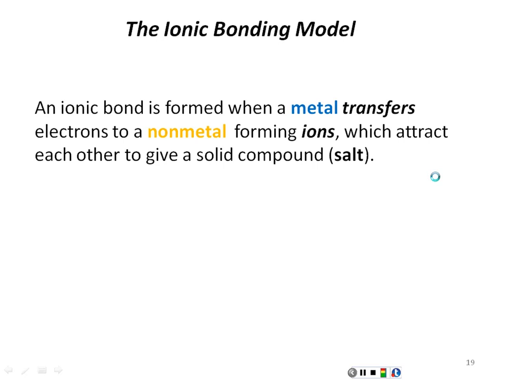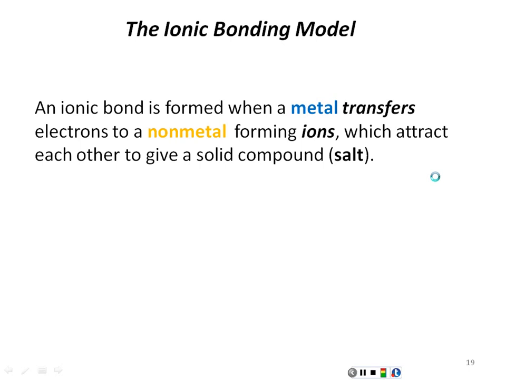So again, an ionic bond forms when a metal transfers electrons to a nonmetal. Now this forms ions. The metal becomes a cation, the nonmetal becomes an anion, and then they attract each other. And this gives a compound which is referred to as a salt.